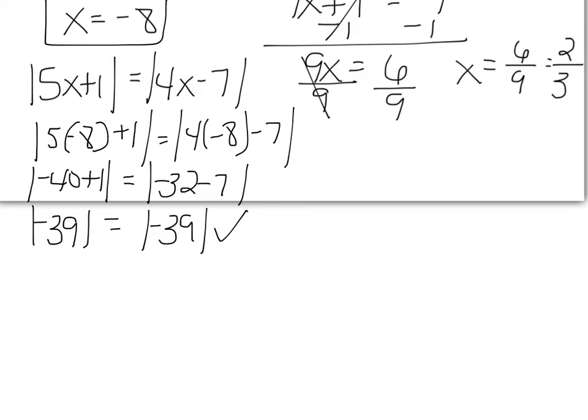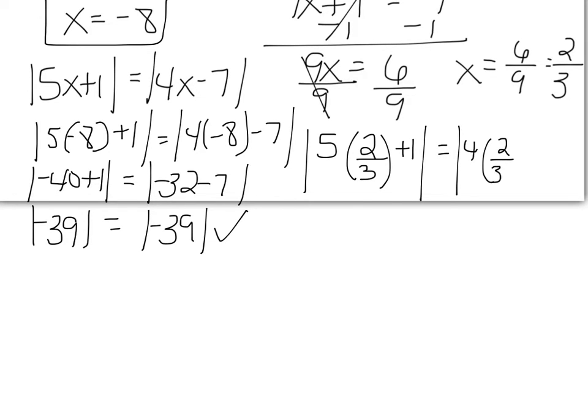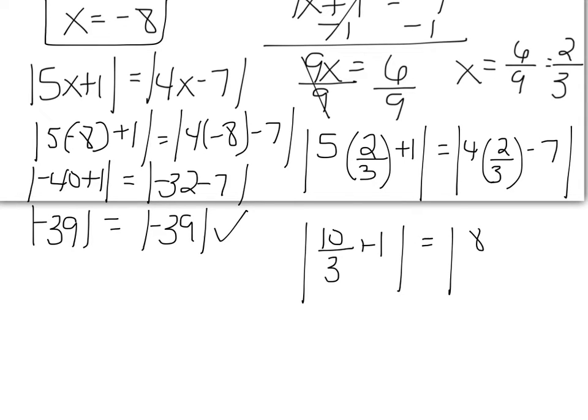Gotta be careful there. Now here you have the absolute value of 5 times 2/3 plus 1 is equal to the absolute value of 4 times 2/3 minus 7. So this ends up being the absolute value of 10/3 plus 1 is equal to the absolute value of 8/3 minus 7.